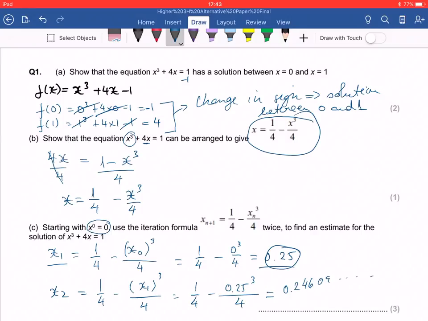Okay, so now I want to work out to what degree of accuracy these numbers round to be the same. The first one is straightforward, 0.25. The second one, if I round it to 2 decimal places, I'm also going to get 0.25. That's why my final answer for an estimate for this solution is 0.25, because to 2 decimal places, both numbers round to this value.